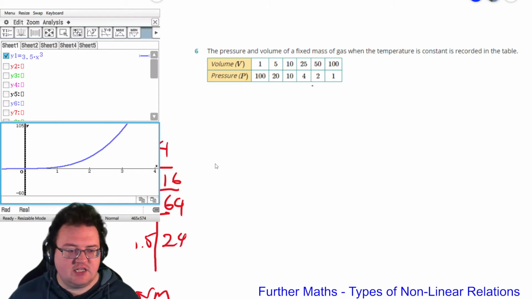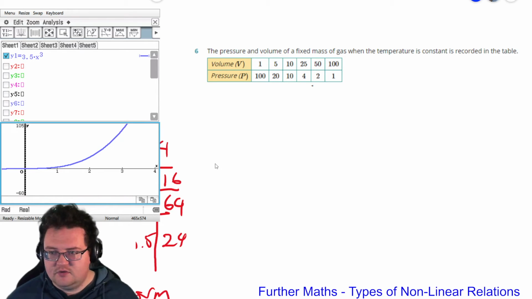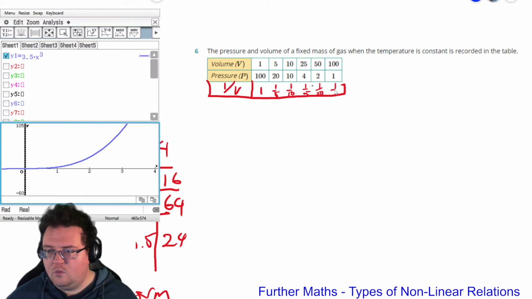So the question says, sketch the graph of P versus 1 on V. So this is a case of an inverse relationship. So what I would need to do is add a third row here, 1 on V. So it's 1 on 5, 1 on 10, 1 on 25, 1 on 50, 1 on 100, and then plot that and that together.